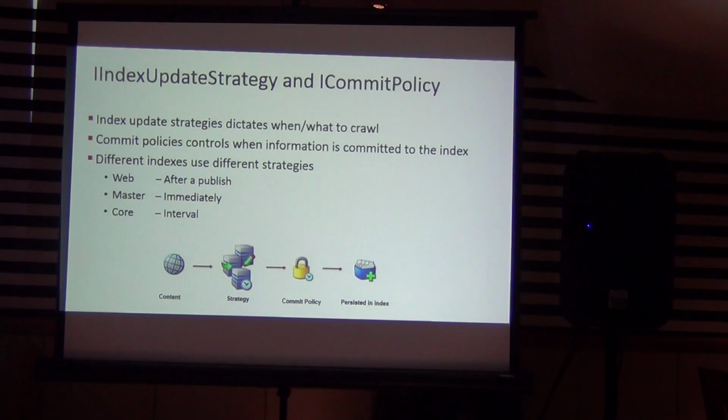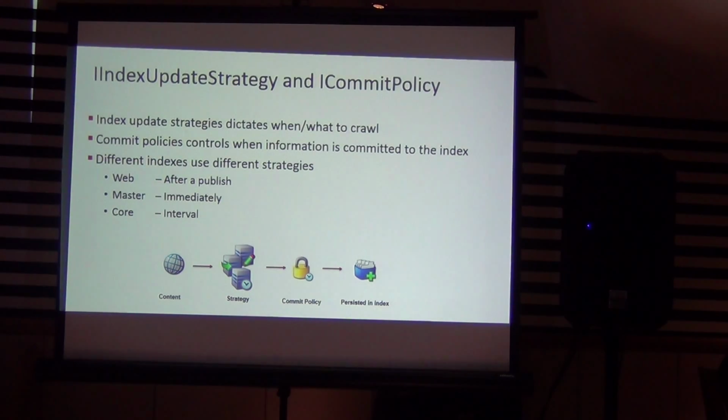Our default for Lucene is that it will just be on a timer. So it's not many seconds in between that the commit policy will allow stuff to be actually persisted into the Lucene index. The index provider will basically keep some documents in memory until the commit policy allows us to go through. And then it ends up persisted in the index as it says on the slide.